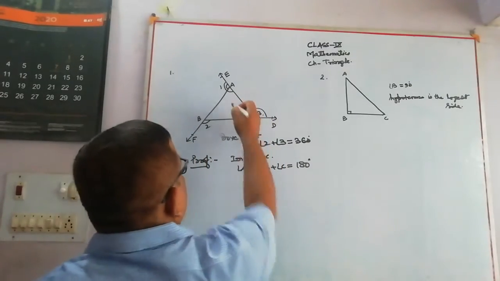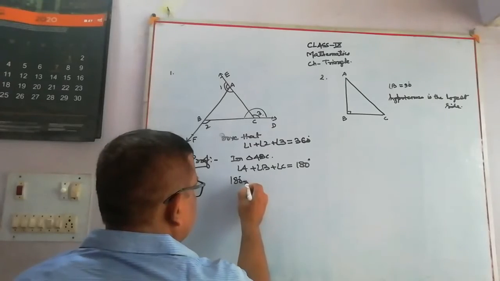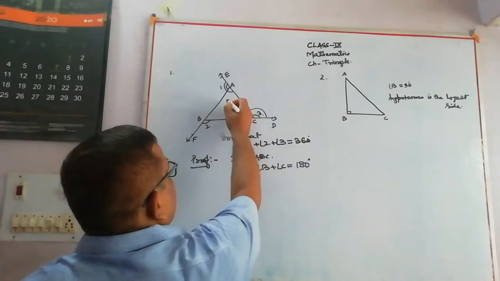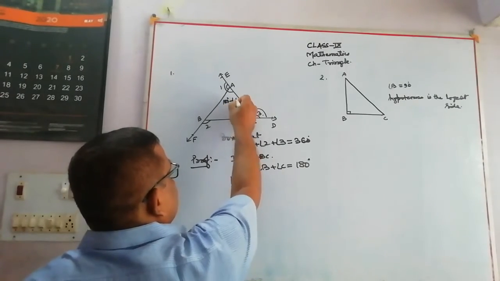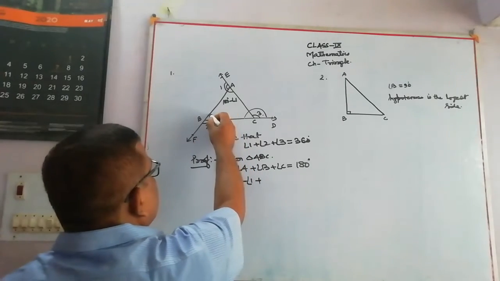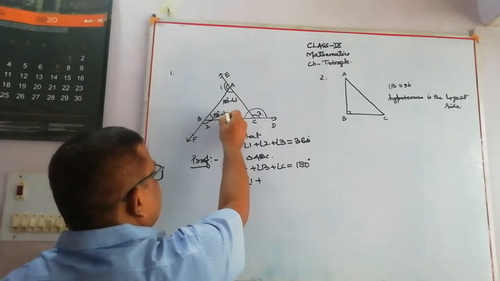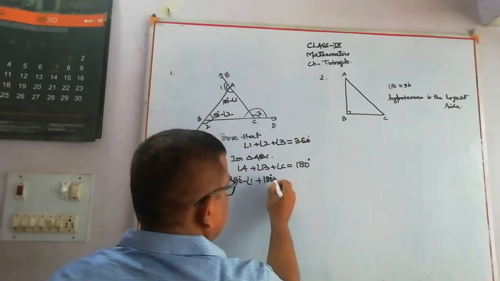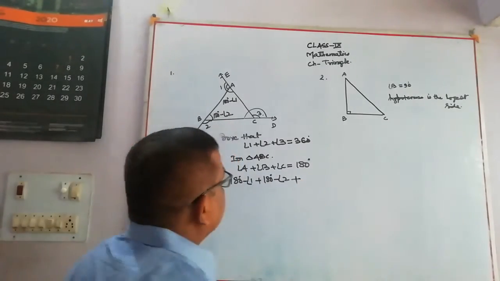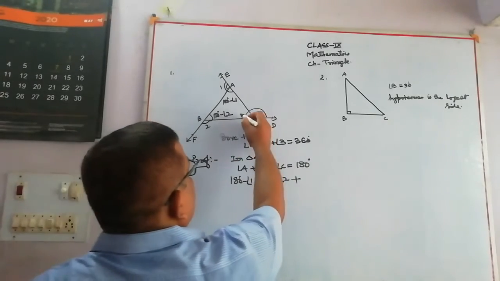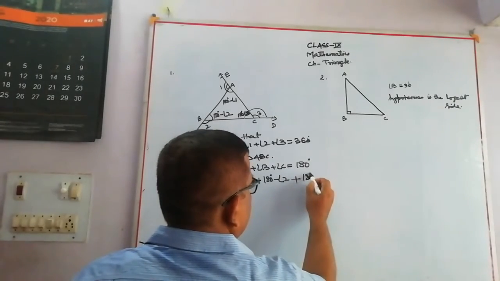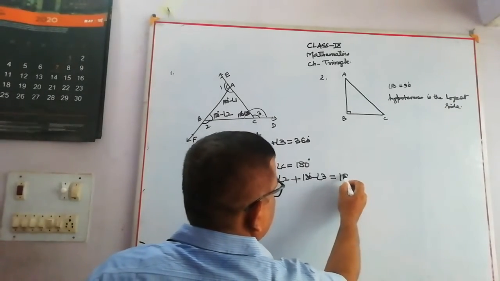Angle A is 180 degree minus angle 1, angle B is 180 degree minus angle 2, and angle C is 180 degree minus angle 3. Their sum is equal to 180 degree.